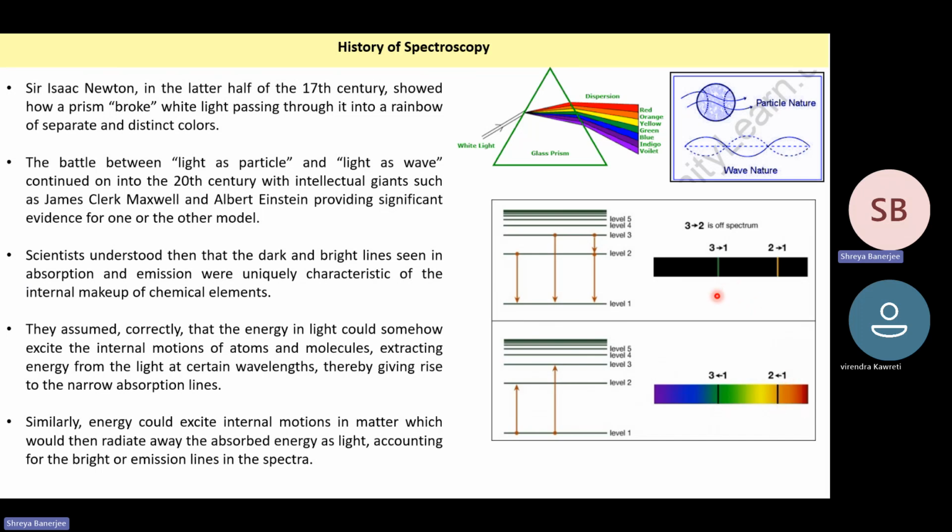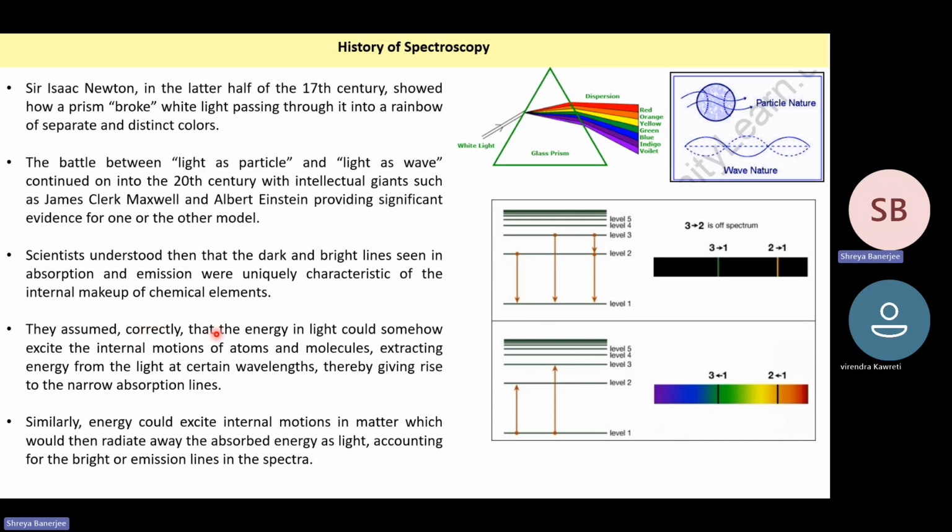So it is like the reverse of the emission spectra. You can see from absorption level 1 to 2, this is this band, and level 1 to 3 is this band. So everywhere else is a bright pattern, and only at the wavelengths where absorption is happening, you will get dark bands. So that is the absorption spectrum.